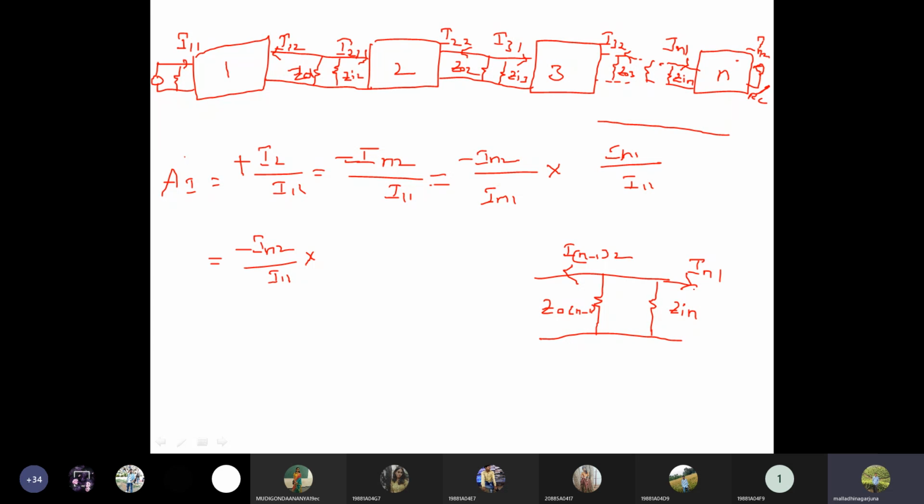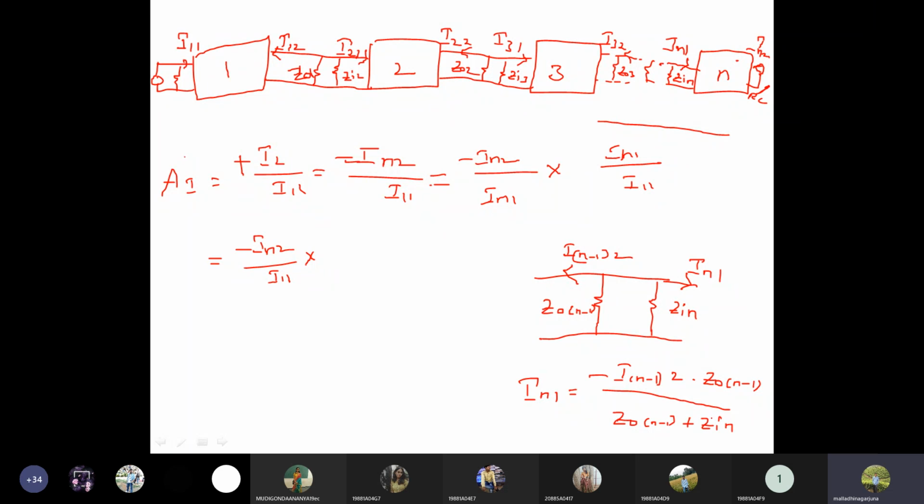Okay, so from this I can write IN1 equals minus I of (n minus 1) 2 into Z0 of n minus 1 divided by Z0 of n minus 1 plus Zin.